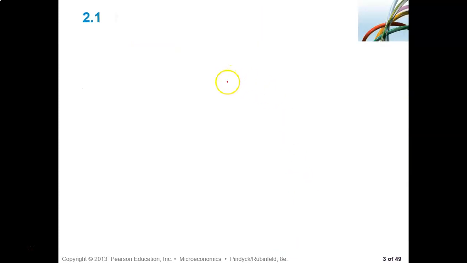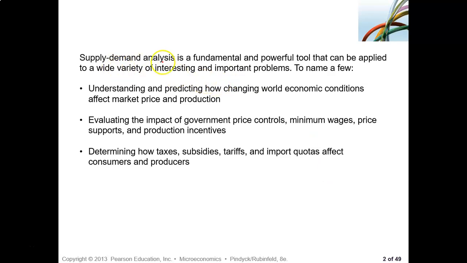So this one is supply and demand analysis. We call this the market model, the market equilibrium model. Demand analysis is a fundamental and powerful tool that can be applied to a wide variety of interesting and important problems, right?